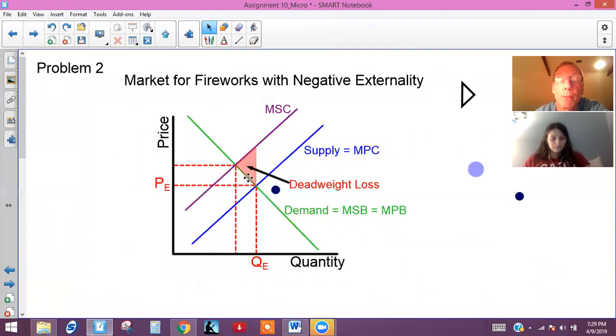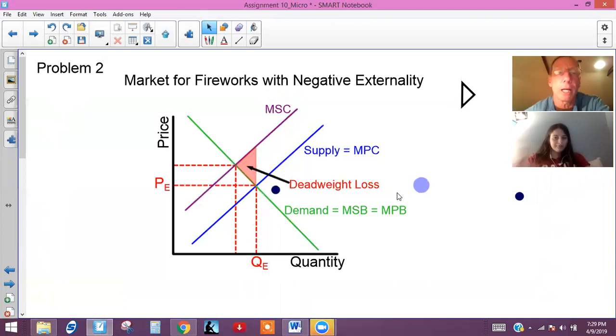It looks the other way because this is the optimum right here. This is the optimum. And they're producing more. So by producing more and creating noise that disturbs the neighbors, this negative externality or higher marginal social cost is creating this deadweight loss right here. Okay, does that make sense? Like that? Does that make sense?